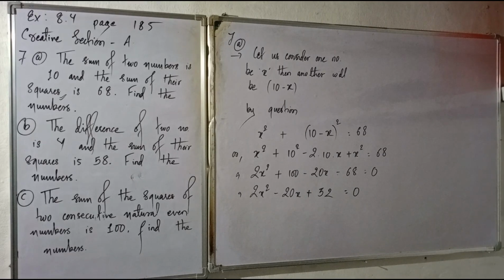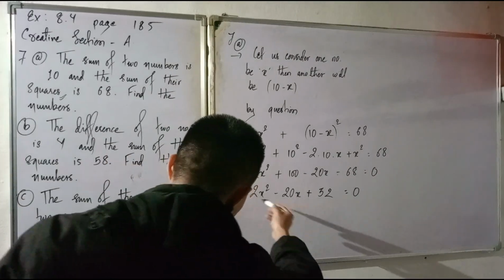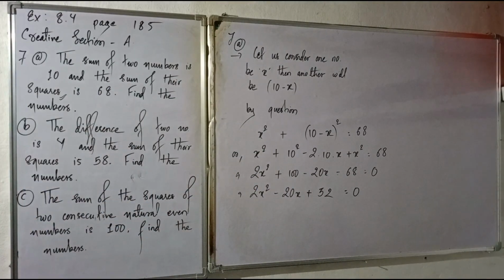Now you can take 2 common from all the algebraic terms. It will make it easier for you to simplify.